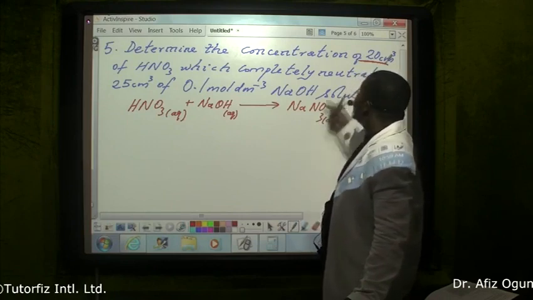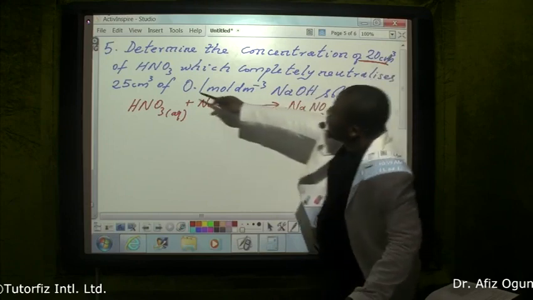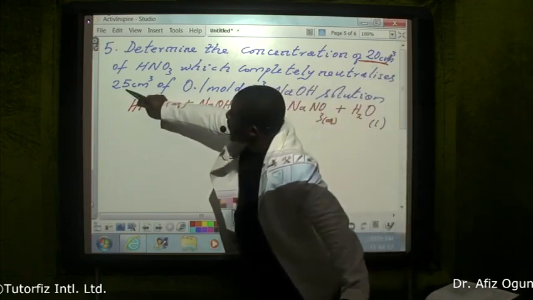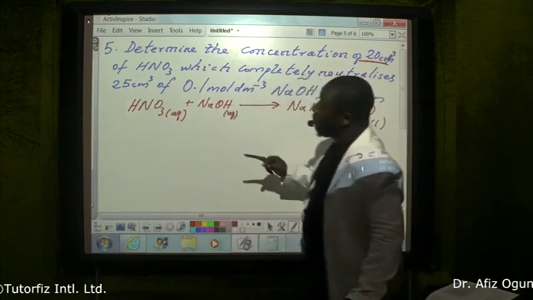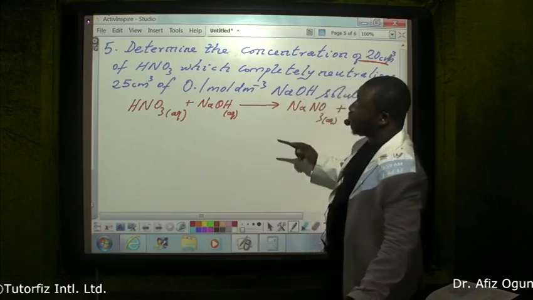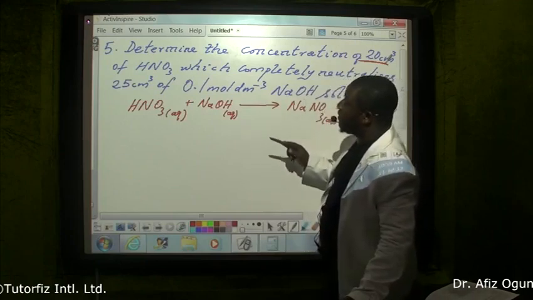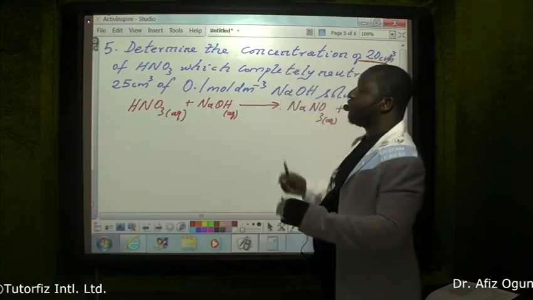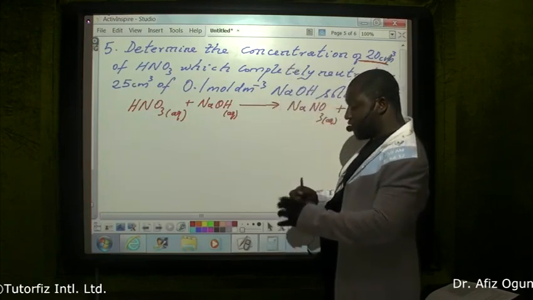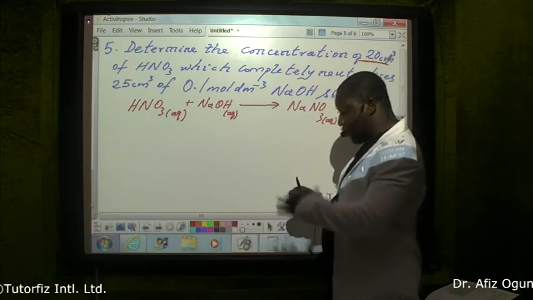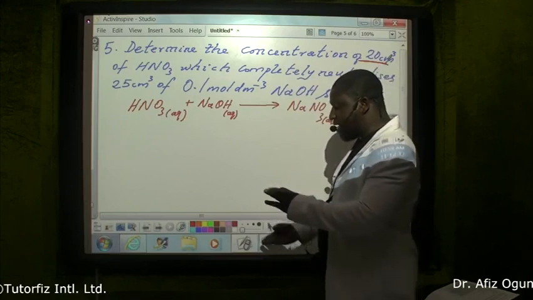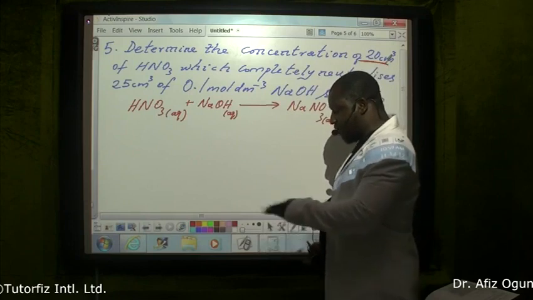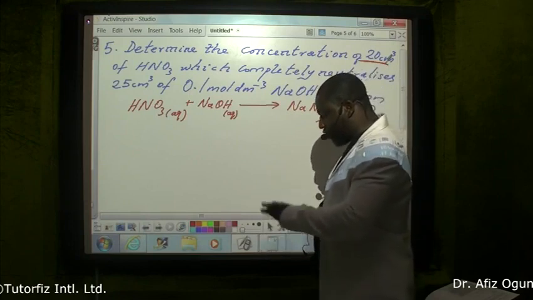You pipetted 25 cm cube of sodium hydroxide into your conical flask. You added 2 or 3 drops of your indicator. Again, I'm repeating this. Then you filled your burette with acid and started titration. You swirled your conical flask, putting your white tile under the flask to see the genuine color, the real color.